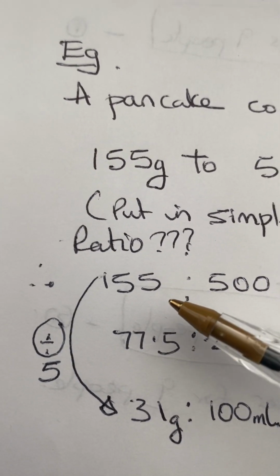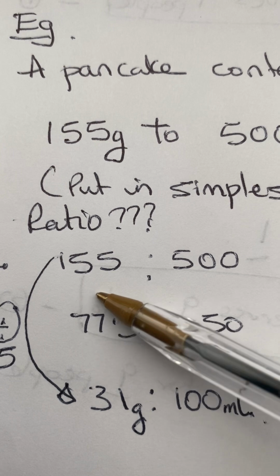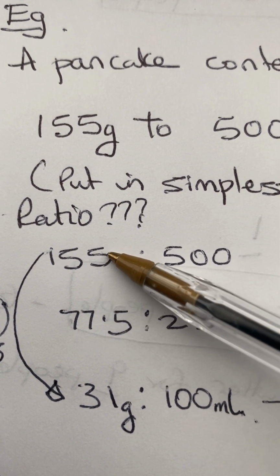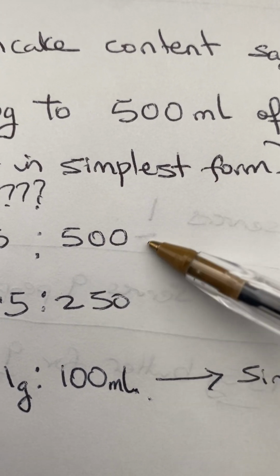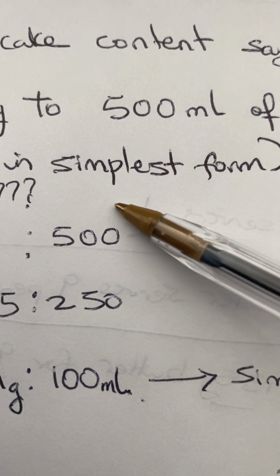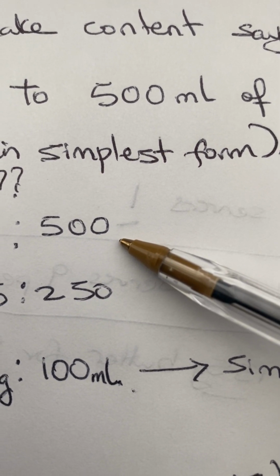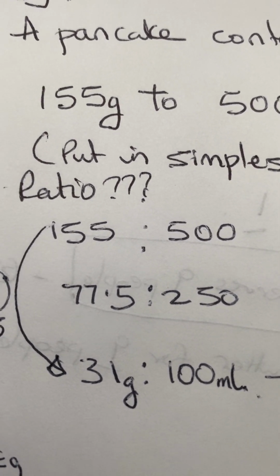So you need 155 grams of the quantity in the box. In the whole box is 155, but you need to add 500 ml of water to make your mixture. Okay, so that you can fry it and get the desired texture.